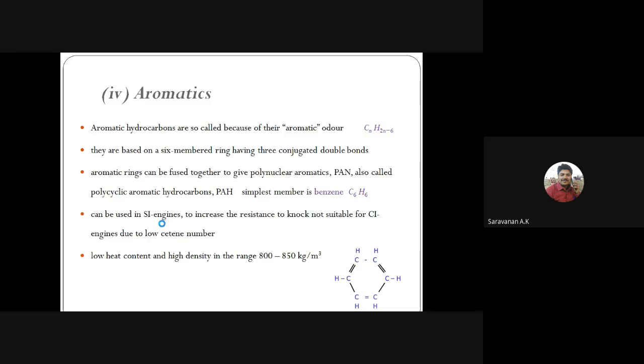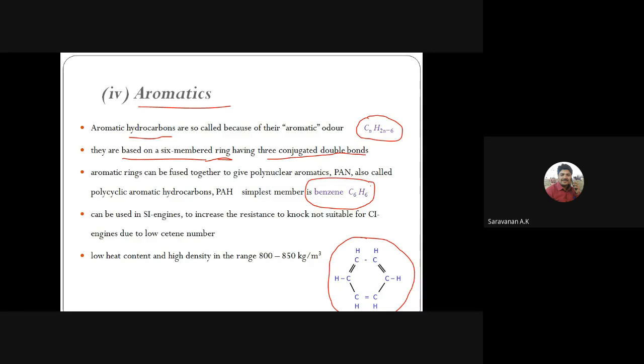Then the fourth one is aromatics. Aromatic is also a liquid hydrocarbon, represented by CnH2n minus 6, based on the six-member ring having 3 conjugated double bonds. We already see this type of structure in many places because we all know what benzene is.